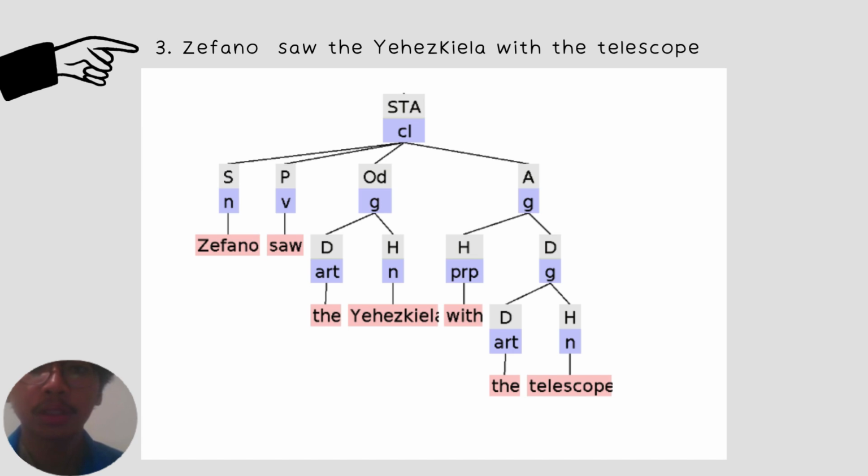Now, the third question. Stefano saw his killer with the telescope, and then divided into noun Stefano, verb saw, determiner his, noun killer, preposition with, and then article or determiner the, and noun telescope.